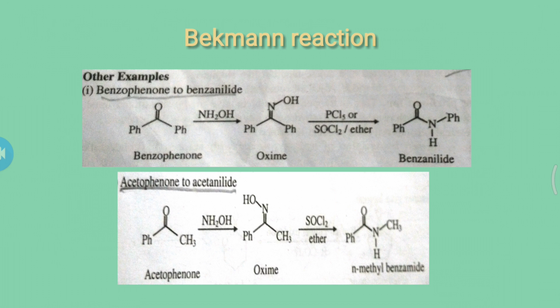But the second example, acetophenone converts to acetanilide. In this acetophenone, one group is phenyl and another is methyl. Which one is the more favorable oxime? The one trans to methyl.